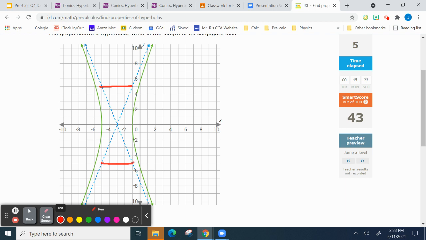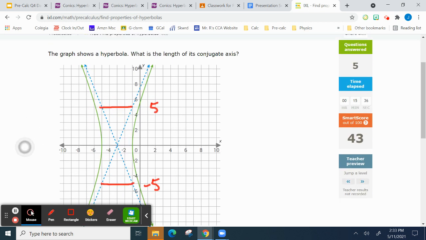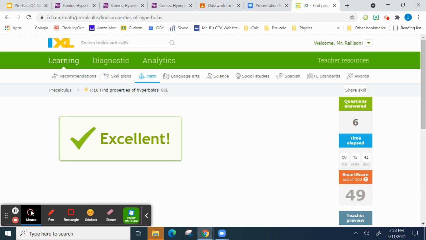So this is at 5, this is at -5. And it's not always going to be right on one of the axes either, right? So that's 10. The length of the conjugate axis is 10.